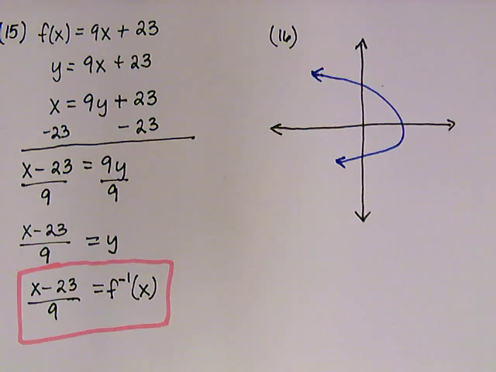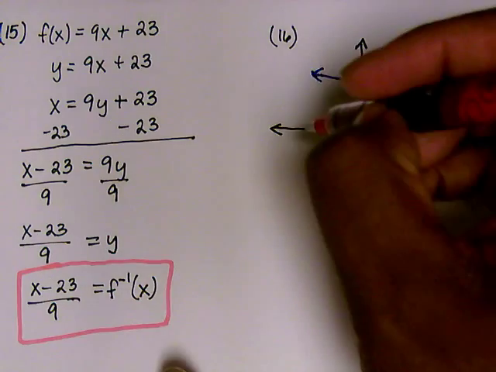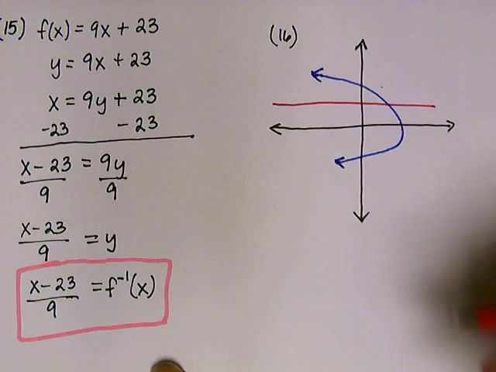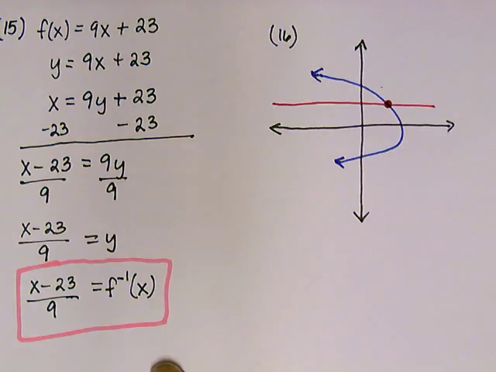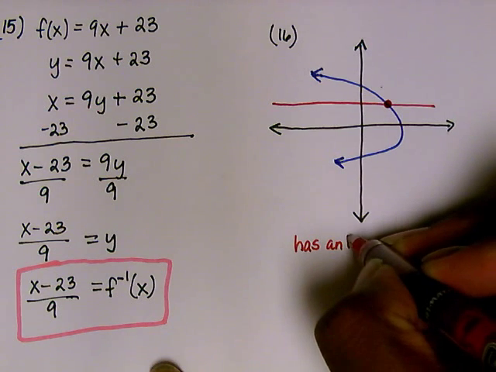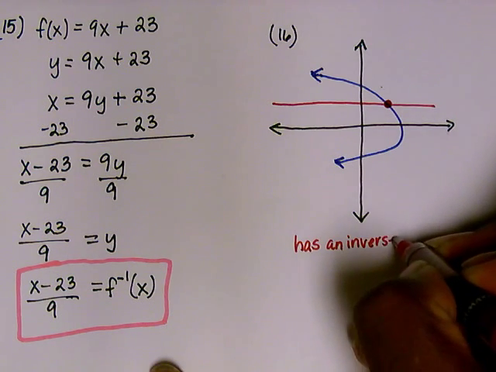It's not the best drawing, but we can use a horizontal line test to determine whether that graph has an inverse function. If that horizontal line crossed the graph at only one place, then we do have an inverse function. So in this case, you draw a horizontal line, it's only going to cross the graph at one place. So we can conclude that this particular graph has an inverse function.